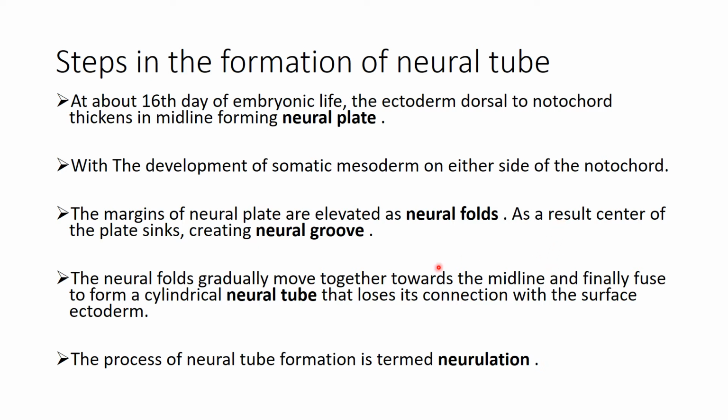As a result, the center of the plate sinks down, creating a neural groove. The neural folds gradually move together towards the midline and finally fuse to form a cylindrical neural tube that loses its connection with the surface ectoderm. The process of this neural tube formation is called neurulation.